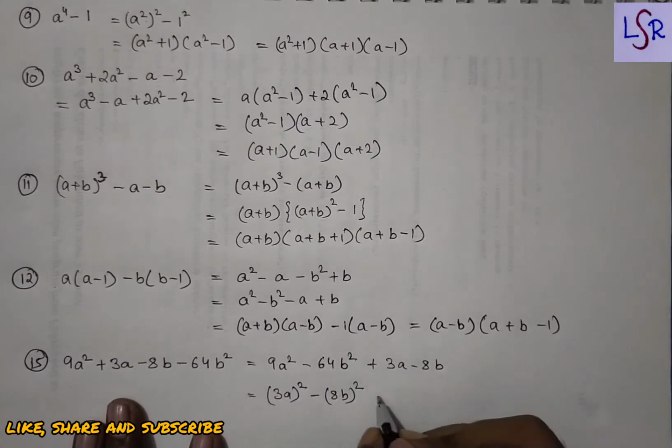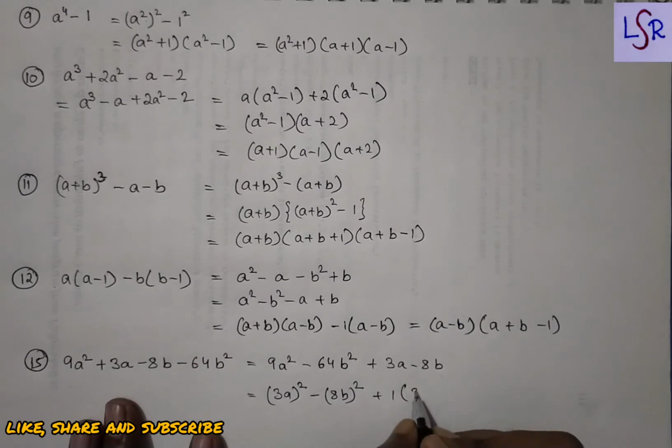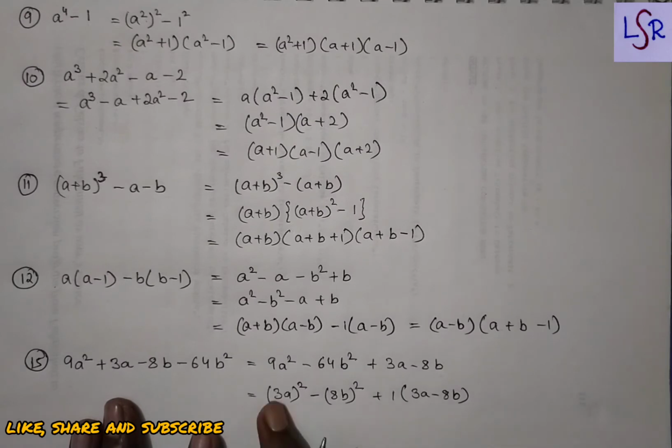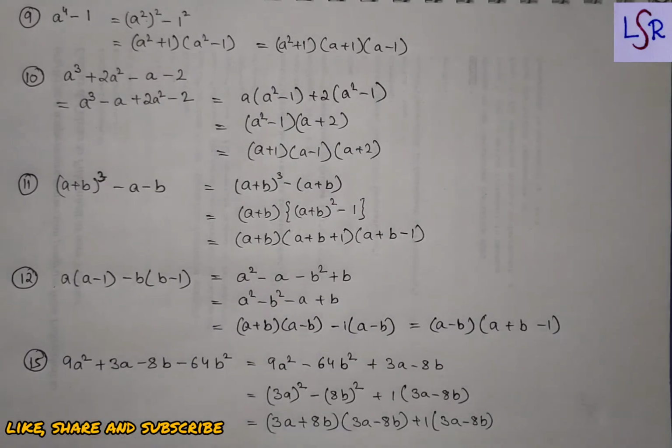And here we can take 1 as common, and we will be getting 3a minus 8b. Now this is in the form of a square minus b square, so it can be written as a plus b and a minus b. After writing this, we can see that these two brackets are common. So we can take the bracket as common, and we finally get this one.